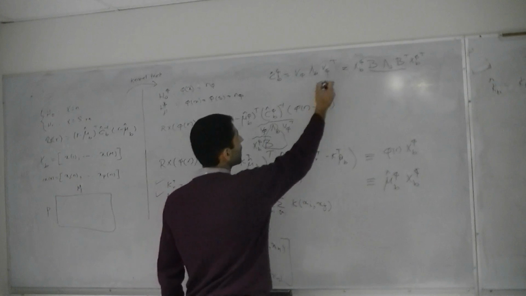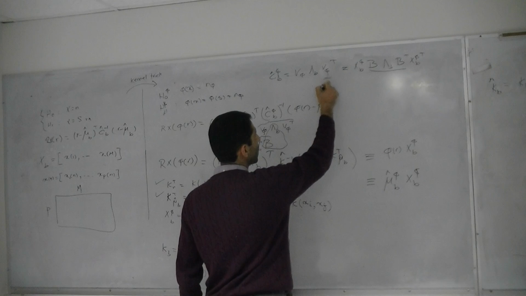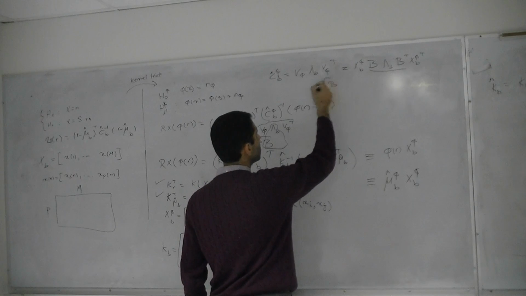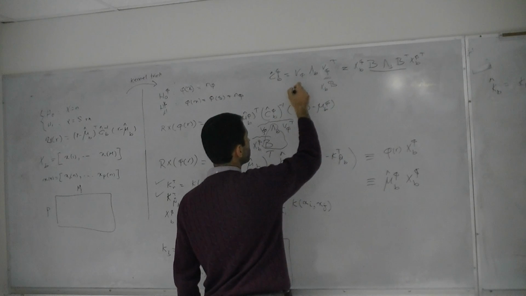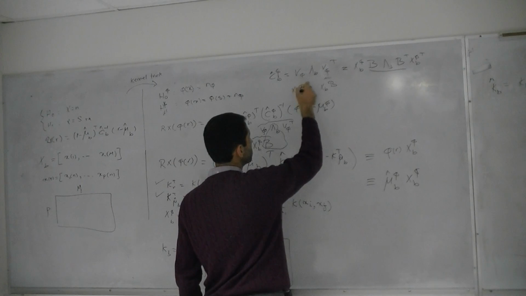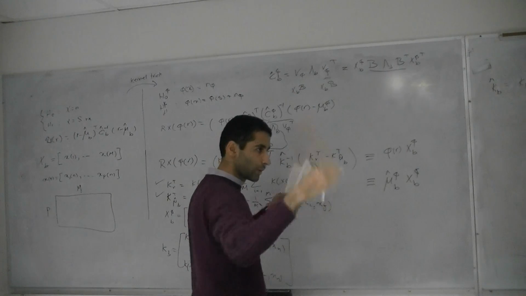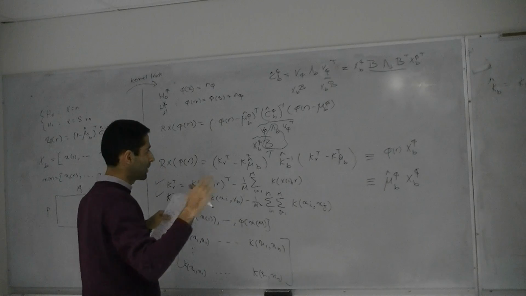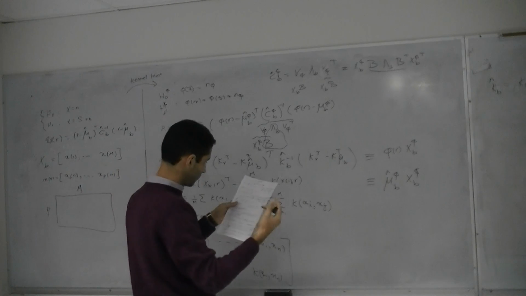Yeah, because this one is equal to x b big B, and this one is x b big B. Big B is a two-dimensional matrix.